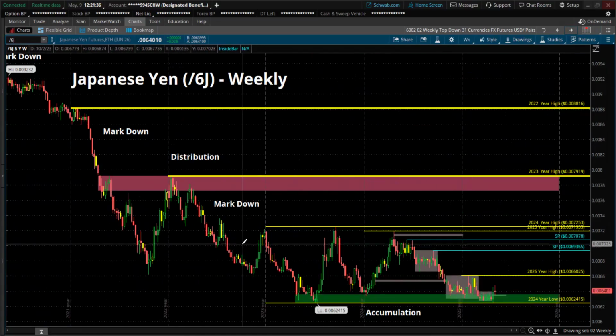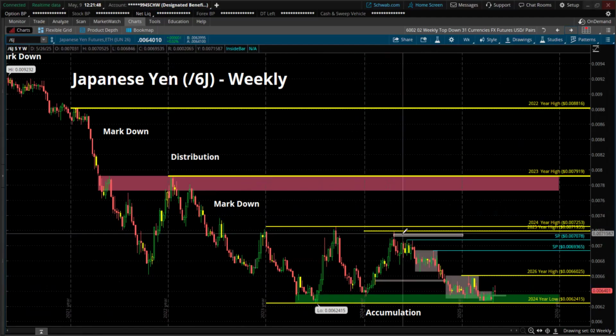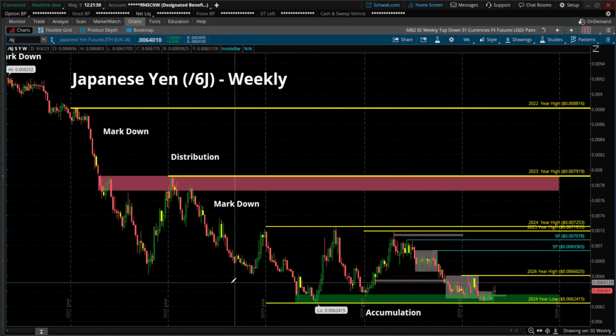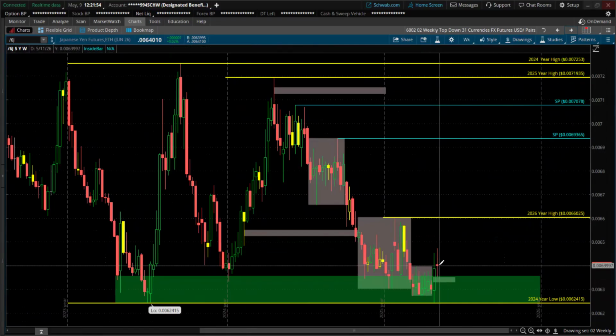So if you're a speculator thinking the yen is going to turn around, be stronger, and again, it's the yen dollar. So this goes up, stronger for the yen, goes down, stronger for the dollar. The past week, we formed this dodgy candle. Very suspicious. We'll see how things play out.